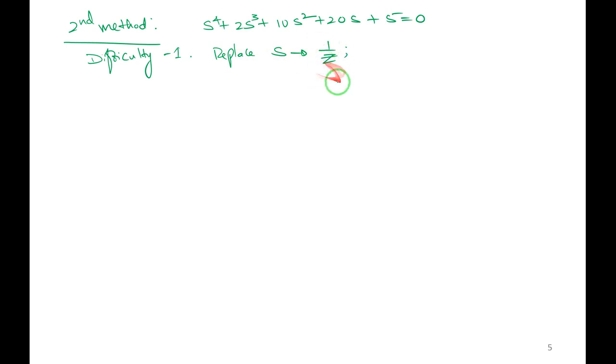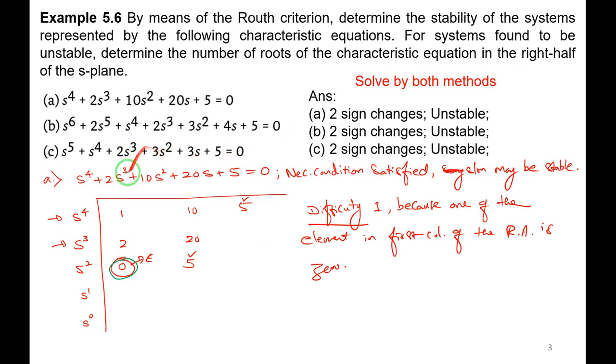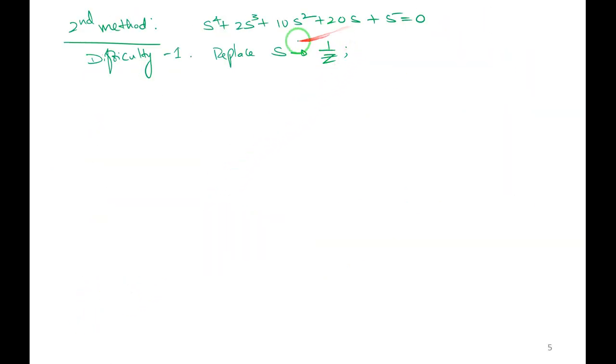This is the second method. Why are we taking 1 by z? If I want to calculate the next element, this divided by 0 will come, so it will be infinite. So we have to reverse it. Instead of s, it is inverse s, which means replace s by 1 by z. So the modified characteristic equation will avoid that infinity value, anything divided by 0.